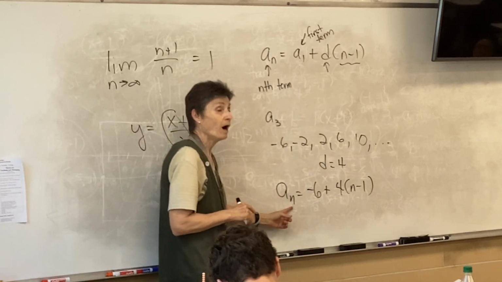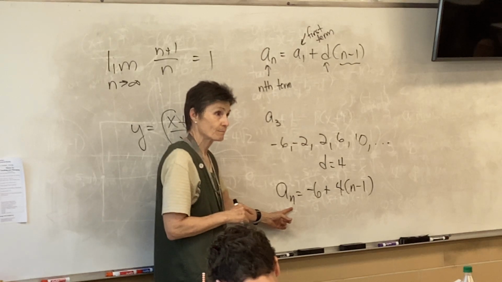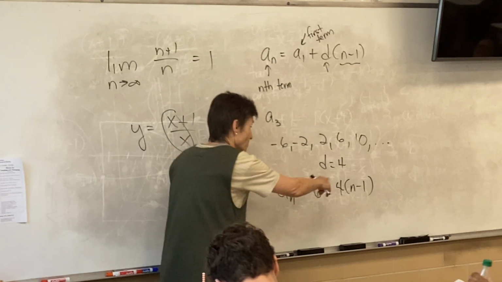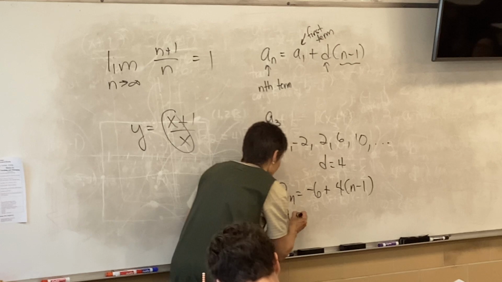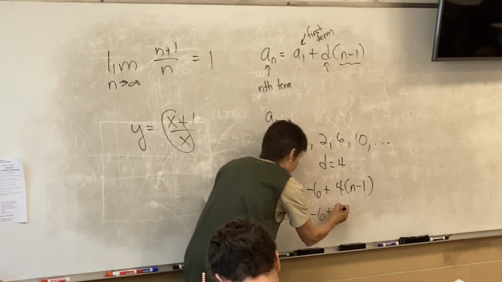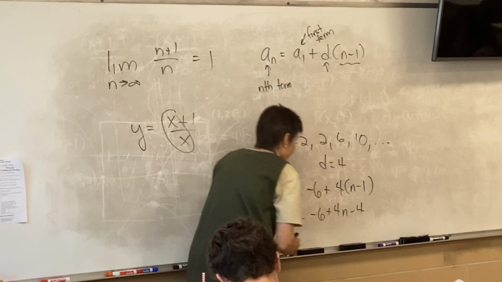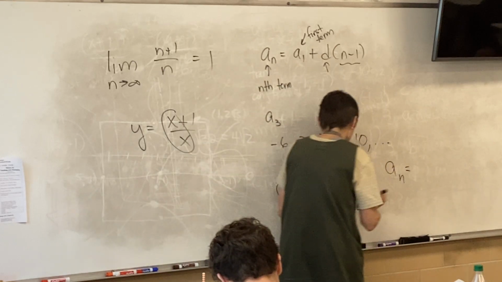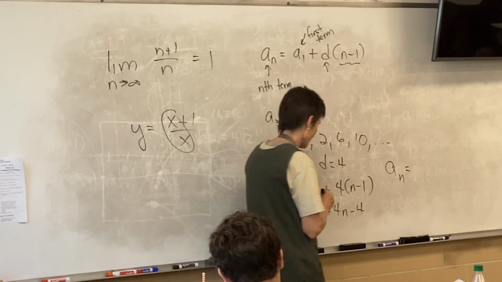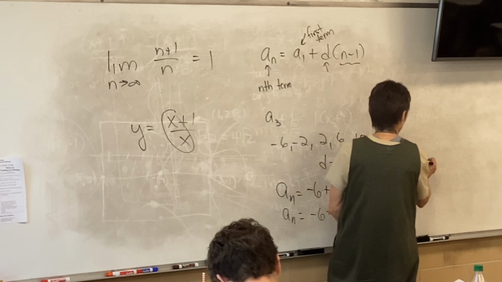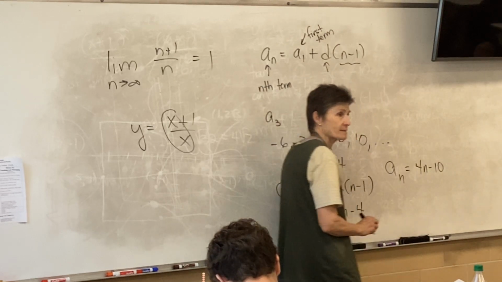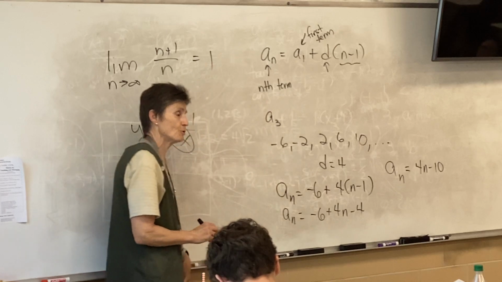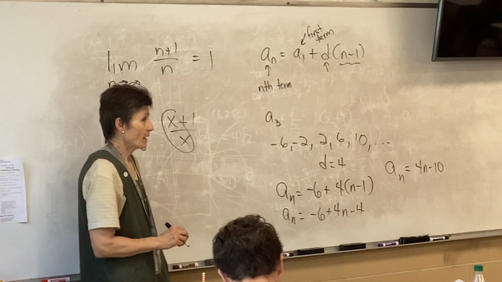So if you wanted the 100th term, this will do it. Now, I do expect you to clean that up a little bit. So we'll do a little distributive here. And what we end up with then is our explicit formula, a sub n equals either negative 10 plus 4n or 4n minus 10. It doesn't matter what order you write it in. Okay?